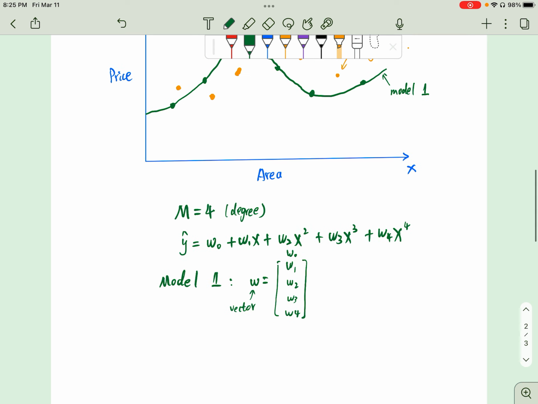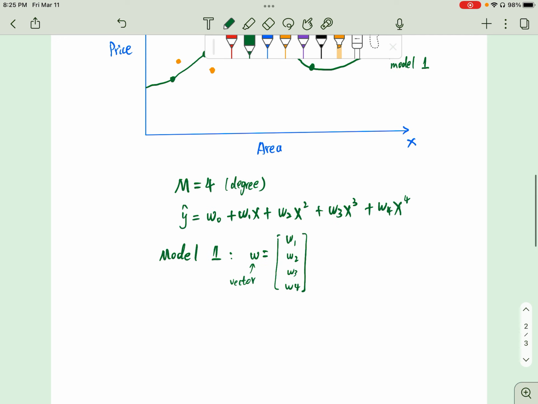And from this on, we will not include this one in our omega vector. We will start with omega 1 here. I will further explain this, but just keep this in mind. There are actually two ways to represent the weights term. You can sometimes include omega 0 as the first entry, but sometimes you can also not put omega 0 inside of this vector.